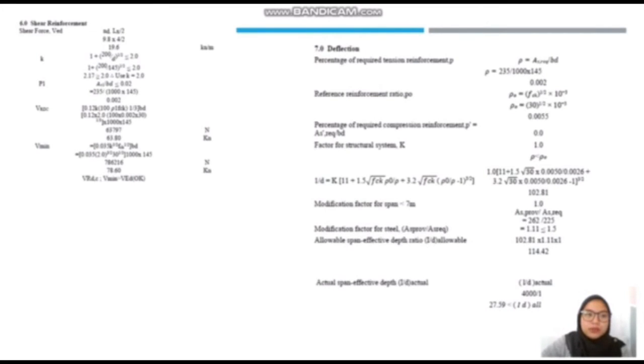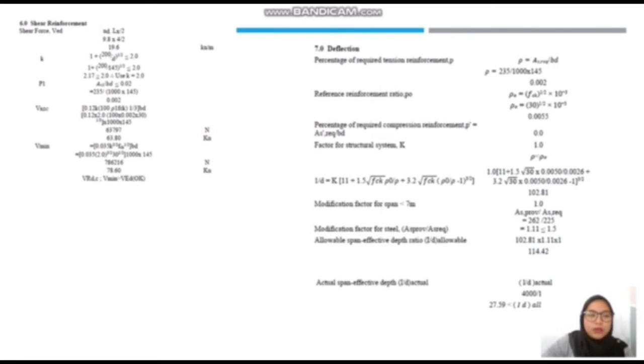After that, we need to calculate shear reinforcement. Shear force VEd we get is 19.6 kilonewton per meter. k we get 2.17, but it's more than 2.0, so we need to use k equal to 2.0.